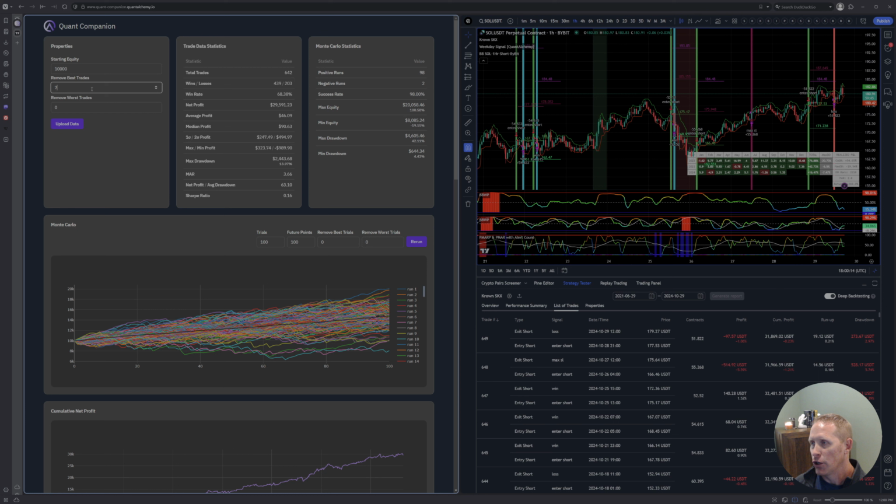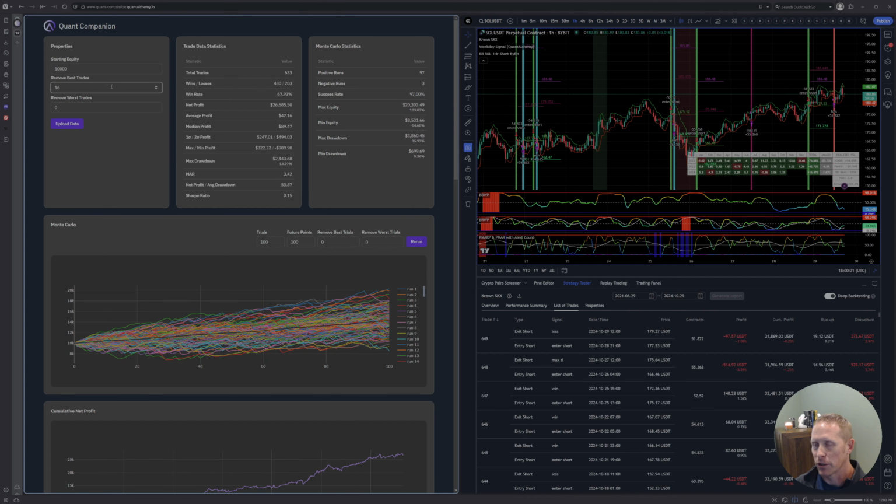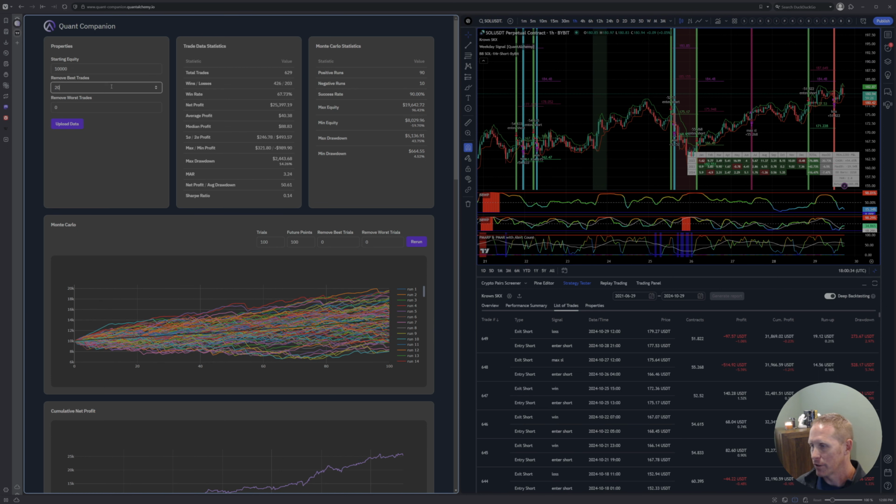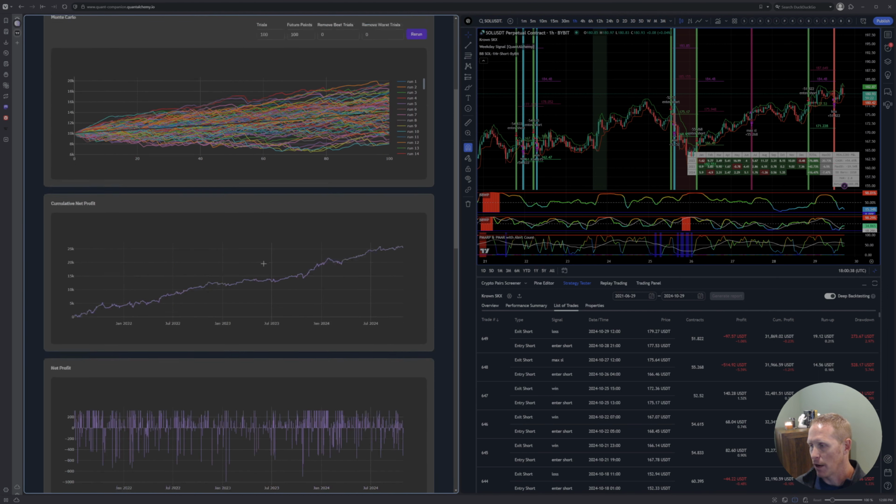Knowing that I have 642 trades over this trading period, if I remove a large number of the best trades and the strategy is still profitable, I would have higher confidence that this strategy is going to be profitable if I were to make a mistake and miss some trades or something like that, right? So I've moved this up. I've removed the best 20 trades, and this strategy is still profitable.